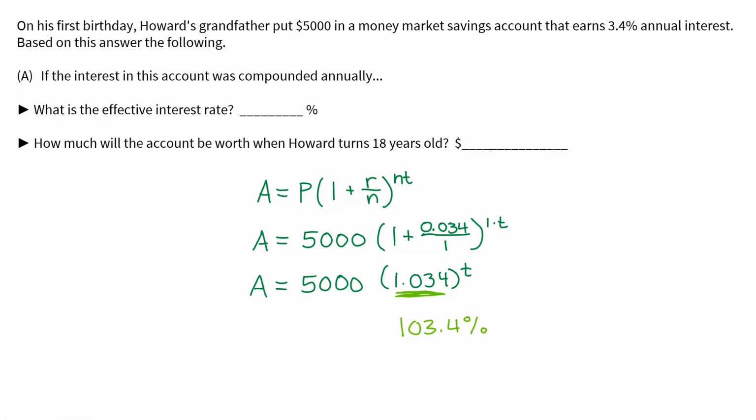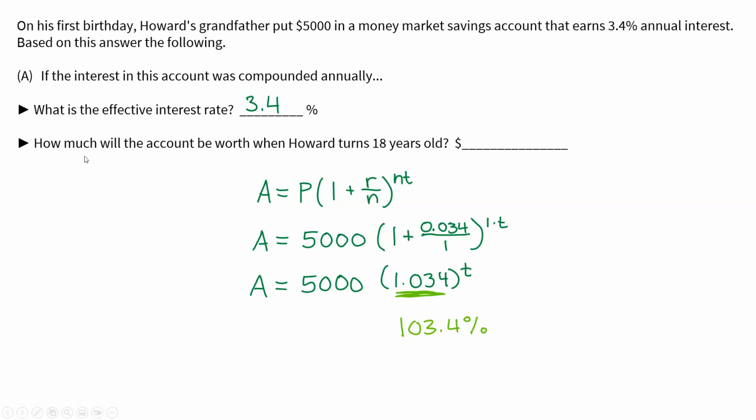So the effective interest rate for this is still 3.4%, because really the compounding doesn't change anything. That's 3.4% every year. I'm only applying it once in that year, so it's not going to have any effect on the interest rate. Other compounding periods are going to change what this is.